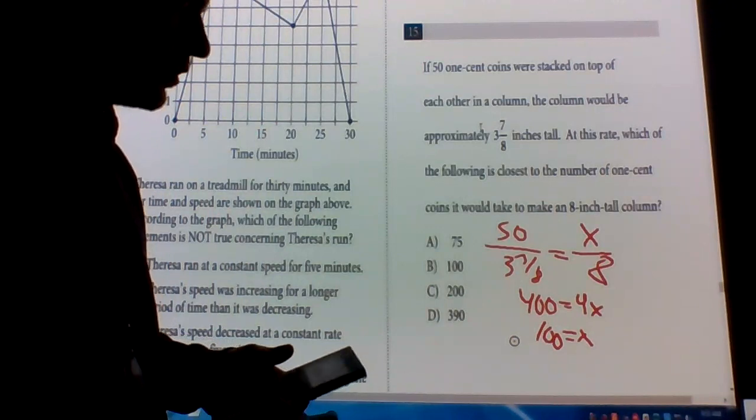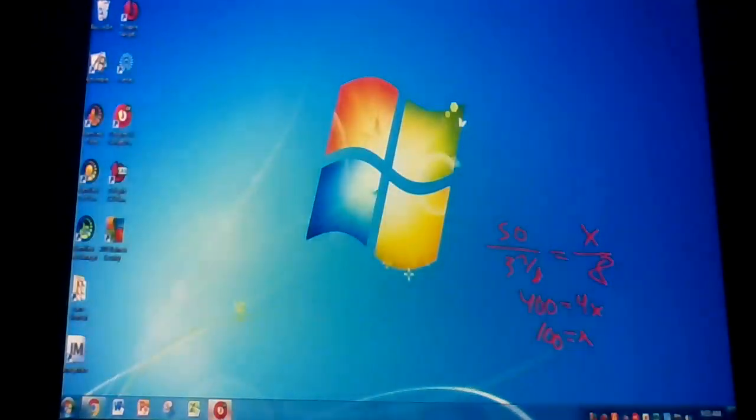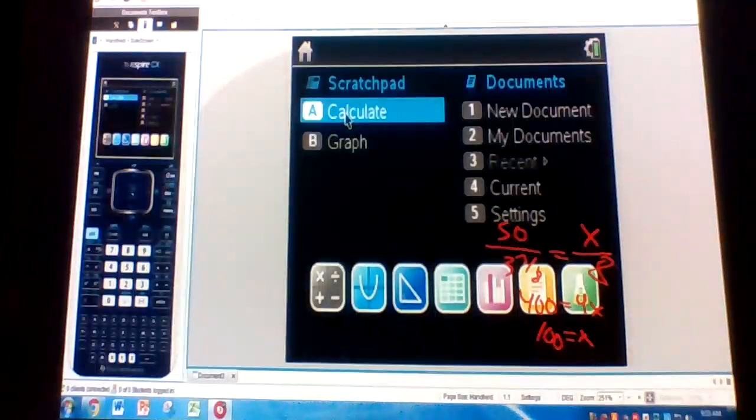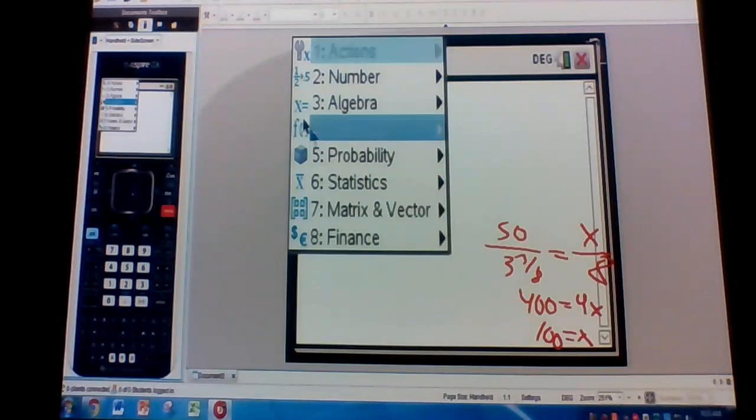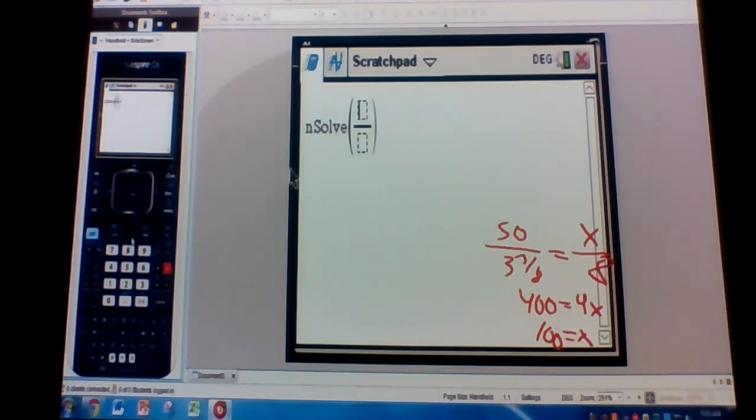So if we use menu 3, 1 on the calculator, first of all, we want to control divide. We have 50 in the top. We have 3 7/8 in the bottom, so that's 3 and then control divide 7/8.